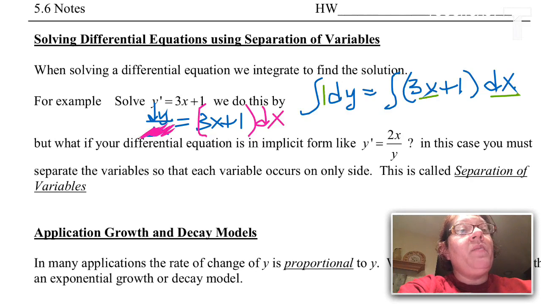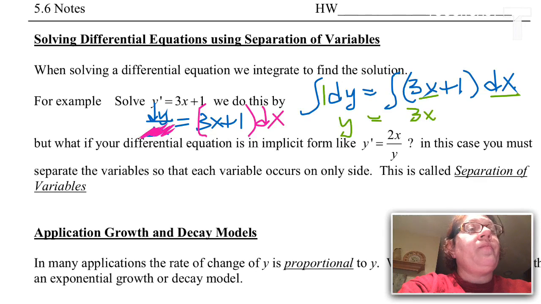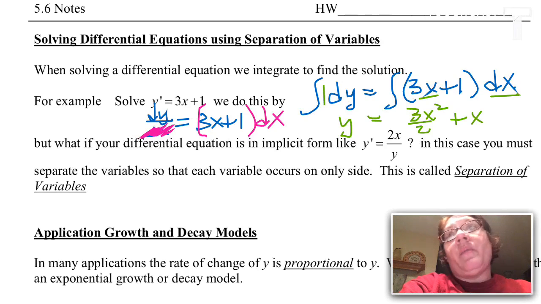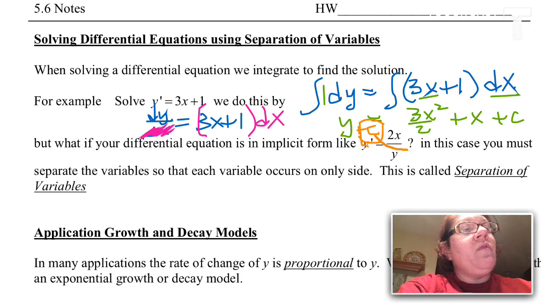So now if I go up a level on the left, I'll be back to y, and over here if I go up a level, and then remember plus c. Now technically there's a plus c on the left side too, but really I just take that constant and move it over, and I keep all the constants on one side.